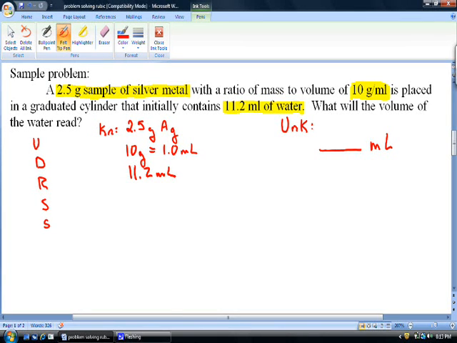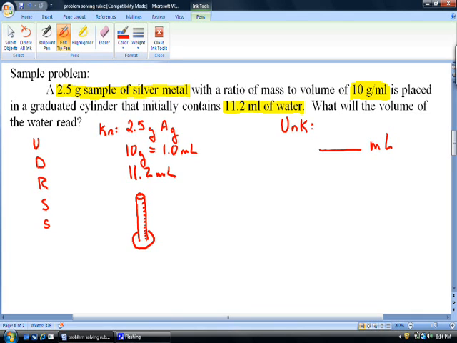to draw a picture to kind of show what we're talking about. So here I'm talking about this instrument that hopefully you've experienced before. It's called a graduated cylinder. It has marks along the side so you can tell the volume.